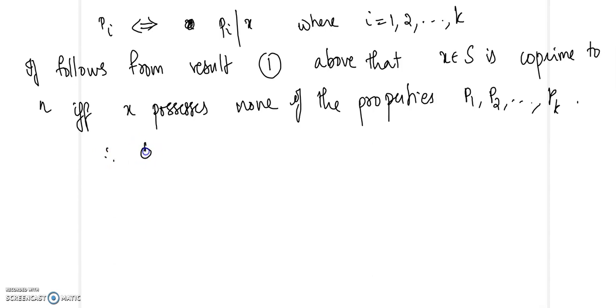Therefore phi of n will be equal to e of 0.